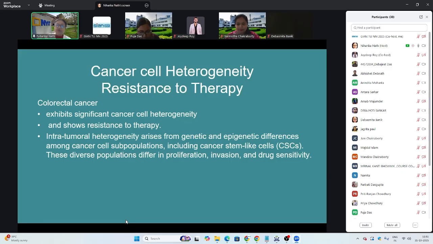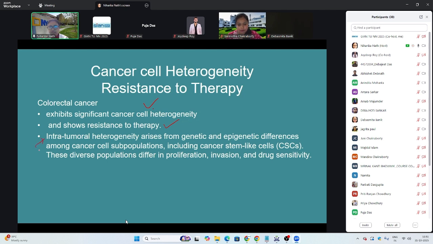So colorectal cancer does exhibit cancer cell heterogeneity, and so what does that even mean? And colorectal cancer does show resistance to therapy. I mean, a lot of the cancers do. And so, what is this heterogeneity? Intratumoral heterogeneity, or heterogeneity, whichever way you want to pronounce it.